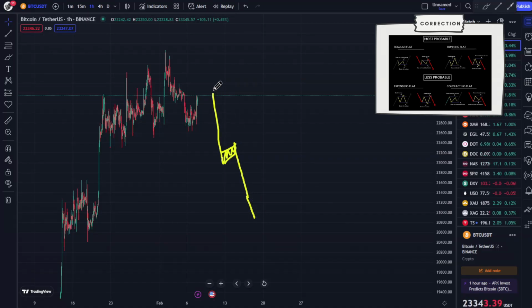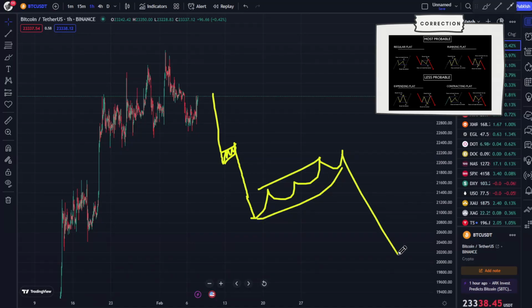All right, after that, this whole impulse right there will have its correction, just like this whole impulse up will have its correction. And when that's the case, you'll expect a bigger correction later, but we know that this correction becomes a correction for all this impulse, and that's why we're expecting an up move.